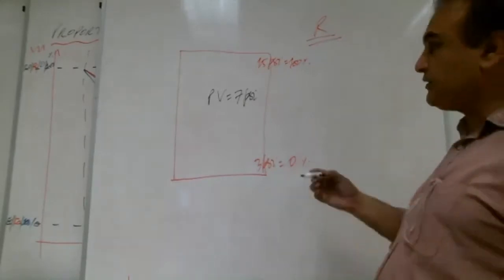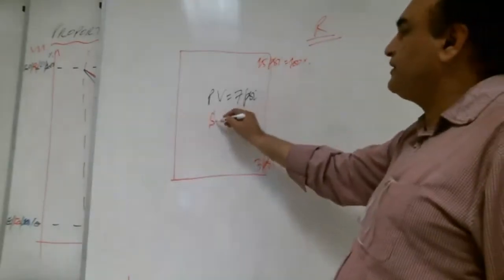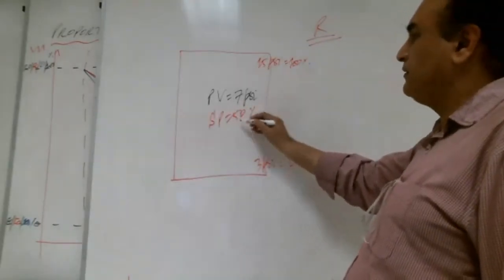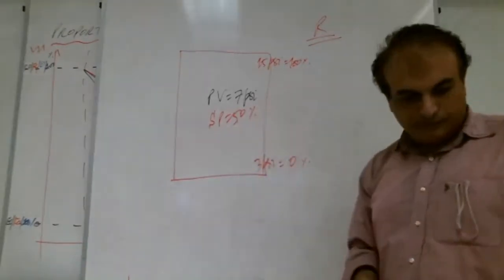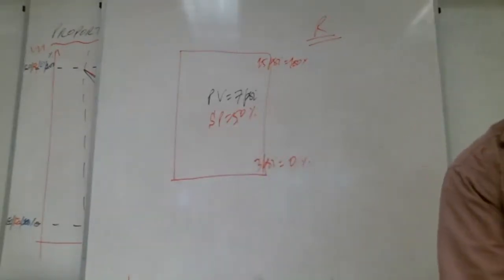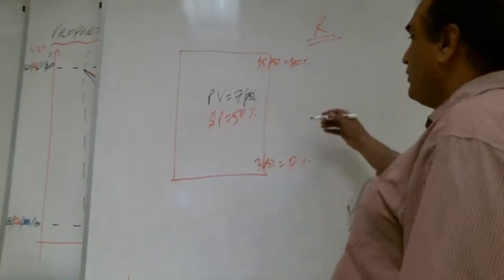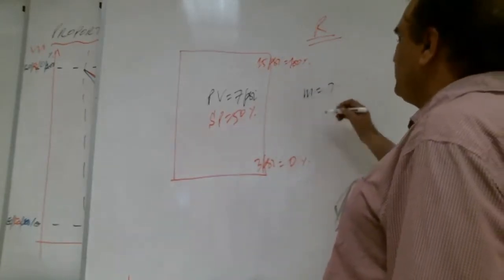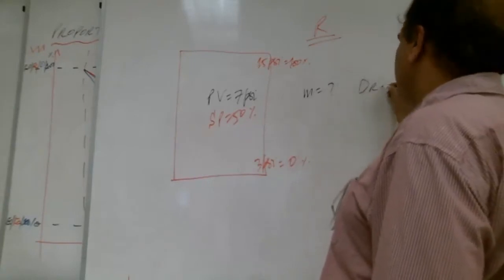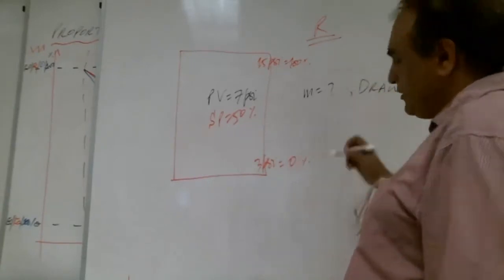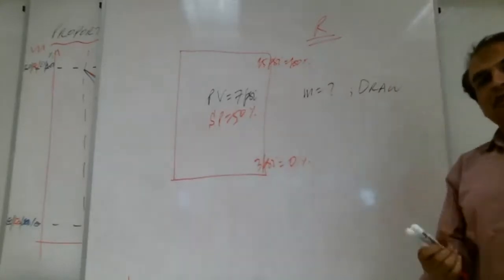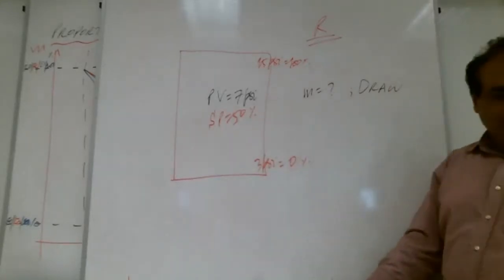Then the output of the controller is M. We need to find the output, and we also need to draw it.